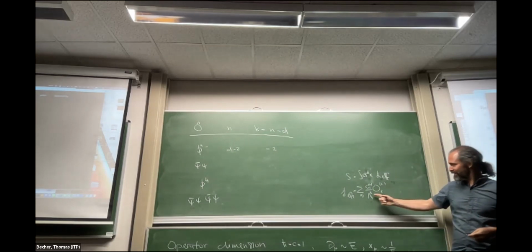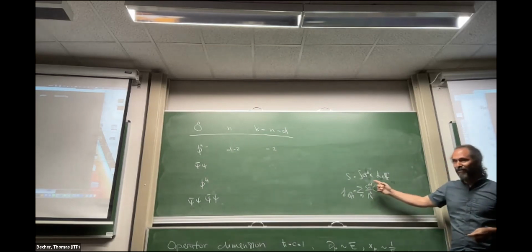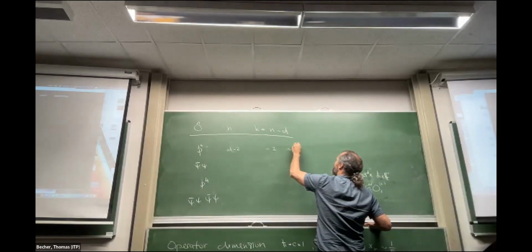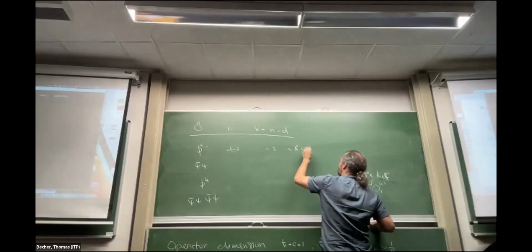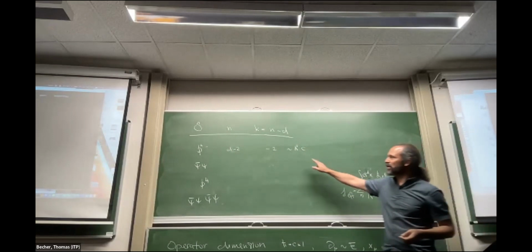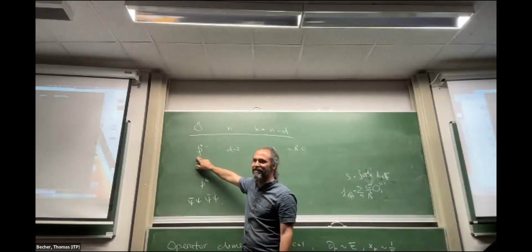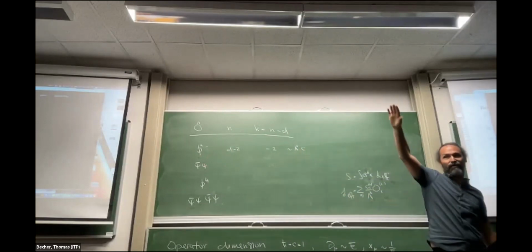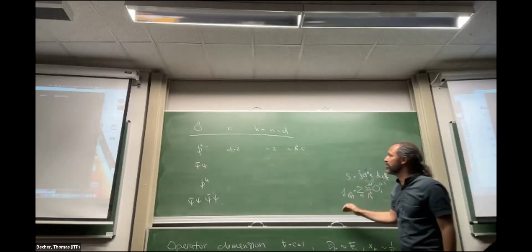Minus 2 means that it goes like lambda squared. So this term will have a coefficient lambda squared times something dimensionless. So that is interesting. If you write the term like this and you do this Wilson procedure, you should find that this coefficient grows strongly with this lambda.